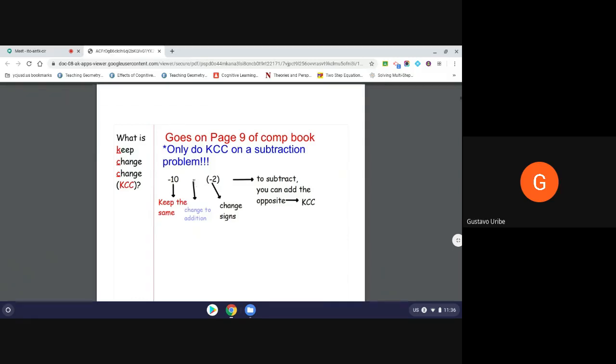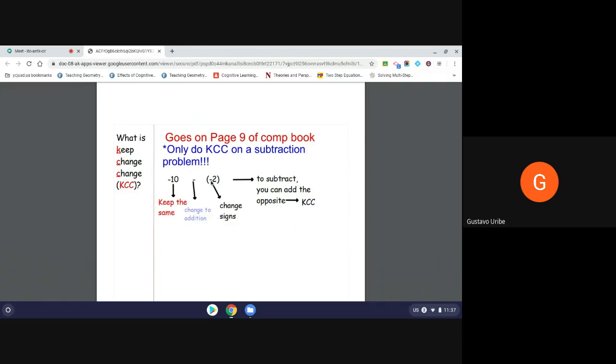It has to be a subtraction. So here's an example of a problem. Negative 10 minus, in parentheses, a negative 2. So this is what I mean by a subtraction problem. There is a minus sign in between two numbers. More specifically, I also have two negatives right next to each other, and that's going to cause a problem, and I'm going to show you why.